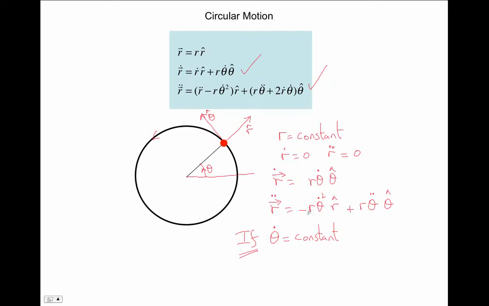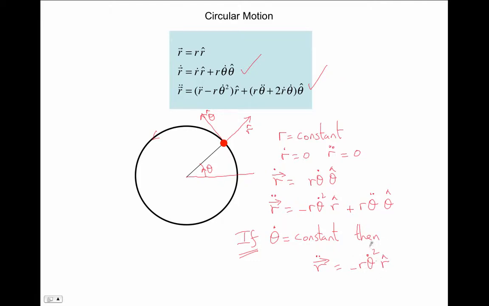Now, if theta dot is a constant, so that's only an if, which means that it is moving around at a constant rate, that is to say theta is increasing with time linearly, then the acceleration will be directed towards the center and its magnitude will be r theta dot squared.